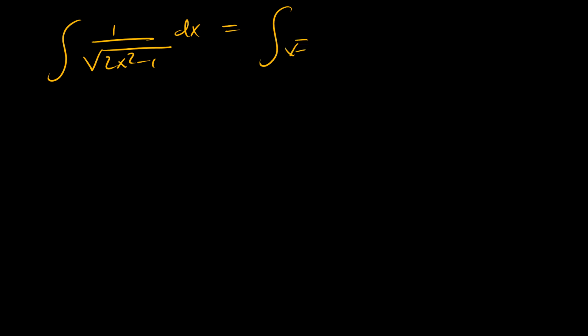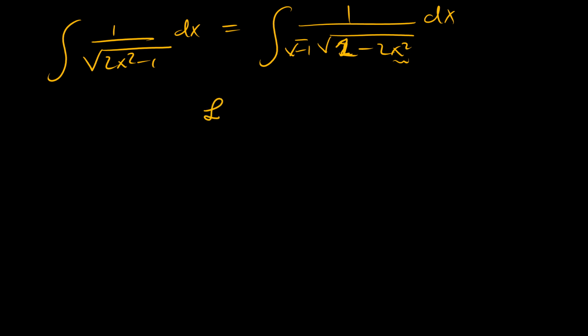pull out a -1 such that we have 1 minus 2x in the denominator, right? And I'd like to substitute something in place of x such that I could factorize everything and the denominator cancels out.